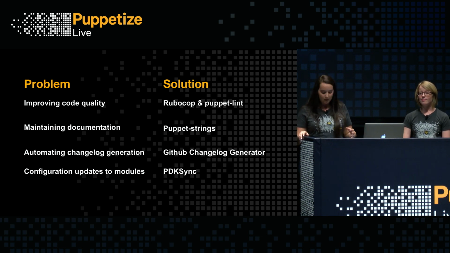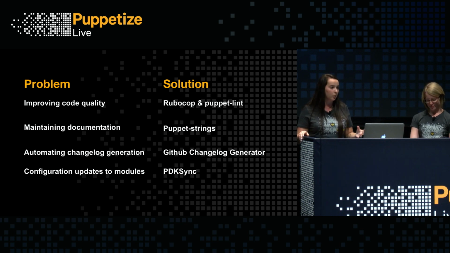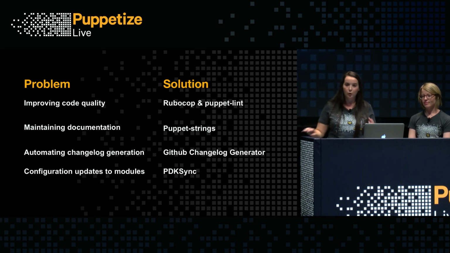We then moved on to managing and updating reference documentation. Puppet strings provide you with an easy way to update your documentation and ensures you have well-documented code. As a result, your code base becomes more readable and more contributor-friendly. Not to mention, your documentation is accurate to what your actual code base says.